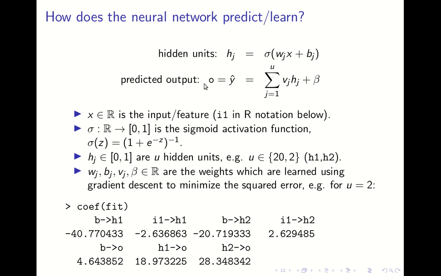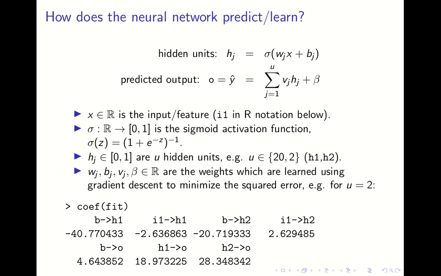So in summary, we have these two equations, but essentially all that the neural network is doing is these affine transformations, multiplication and adding, followed by these nonlinear activations, right? The important thing to note is that there are some things that are learned and some things that are fixed.